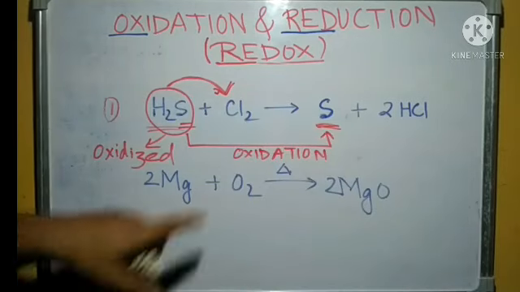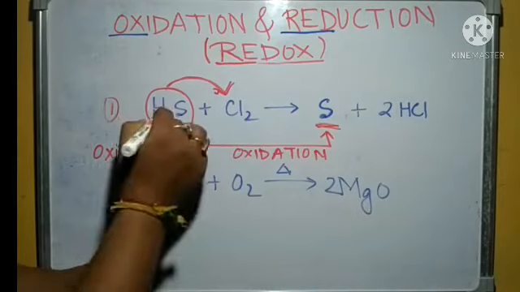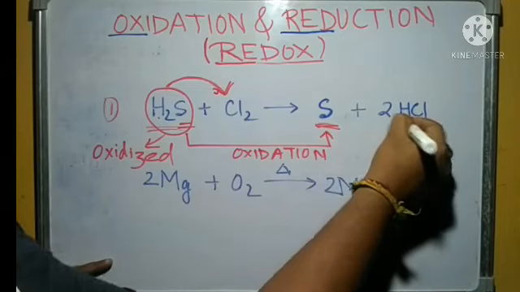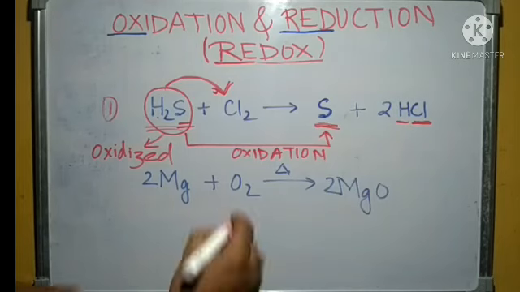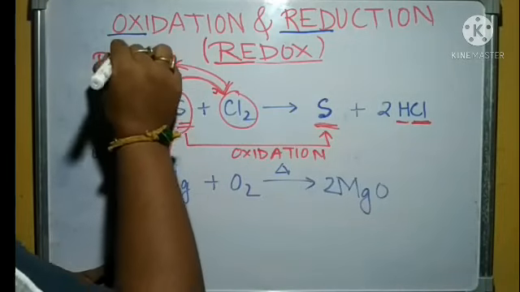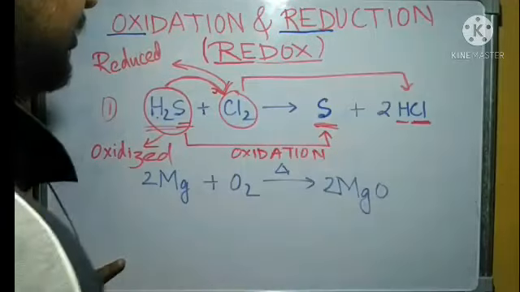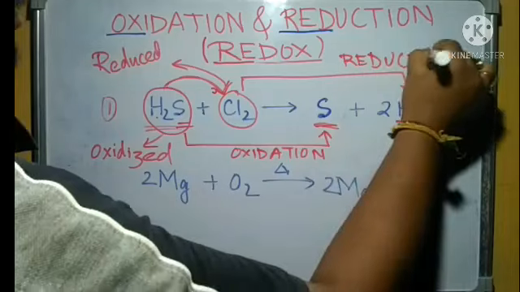And here, in chlorine, you can see that chlorine is getting two hydrogen atoms from hydrogen sulfide. So chlorine is getting extra hydrogen atoms. If a substrate gets a hydrogen atom, then we say that the reactant is reduced. So here chlorine is reduced. This process from chlorine to hydrogen chloride is a reduction process.